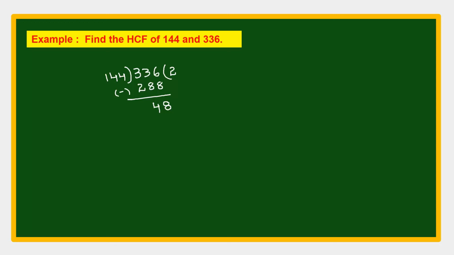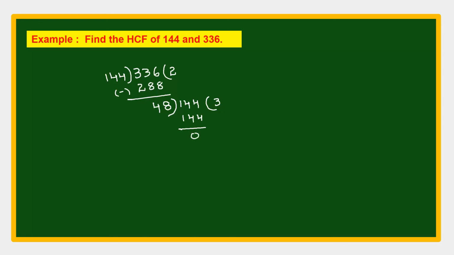Again, now 48 will be the divisor and 144 will be the dividend. Now 48 1s are 48, 48 2s are 96, 48 3s are 144.